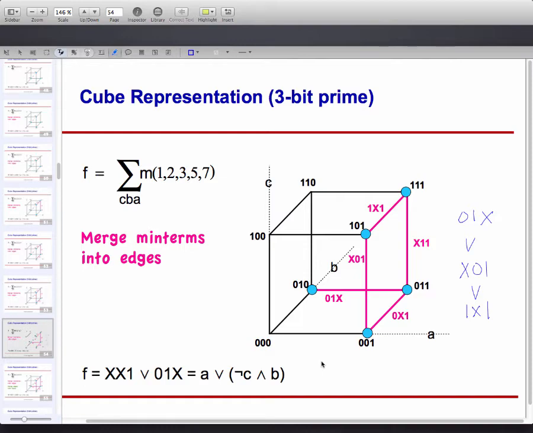But here, by including these three edges, 0, 1x, x0, 1, and 1x1, where 0, 1x corresponds to this edge, x0, 1 corresponds to this edge, and 1x1 corresponds to this edge, I am including all my five original minterms.